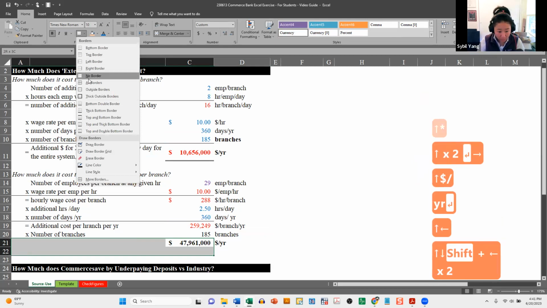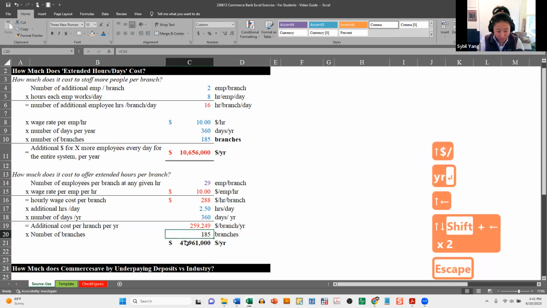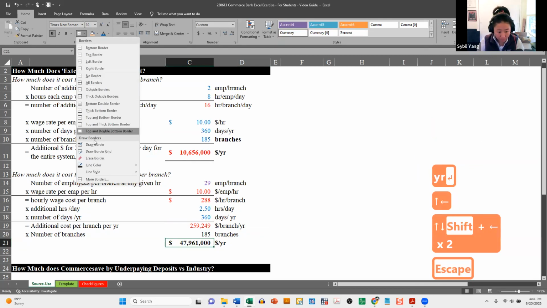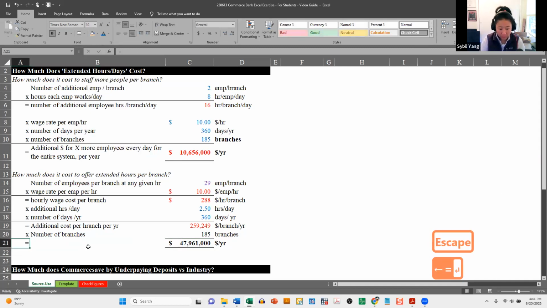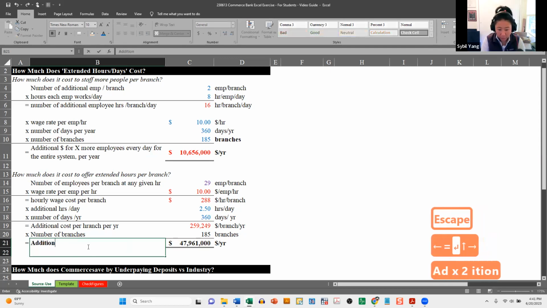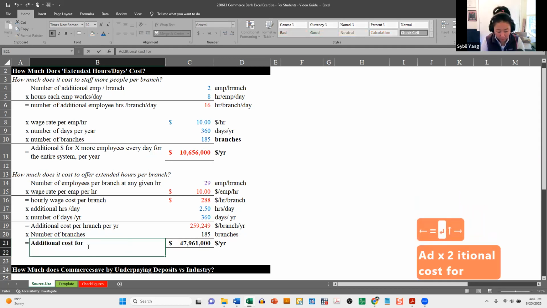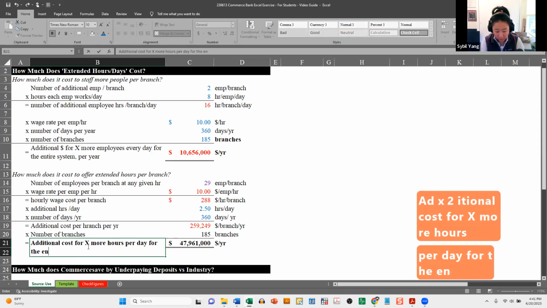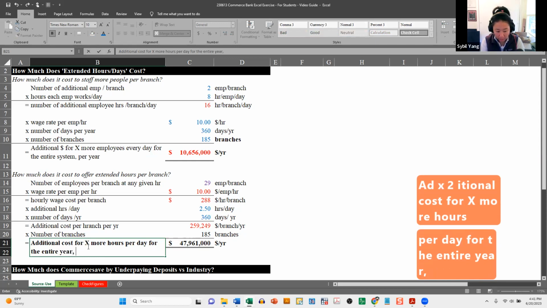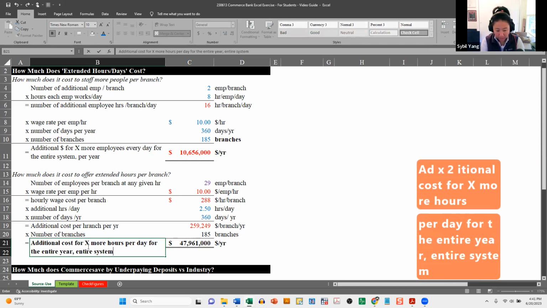And this is going to be top and bottom, so equals additional cost for X more hours per day for the entire year, entire system.